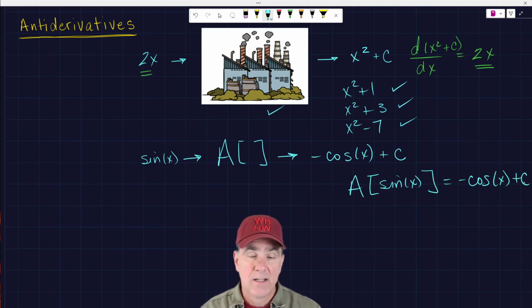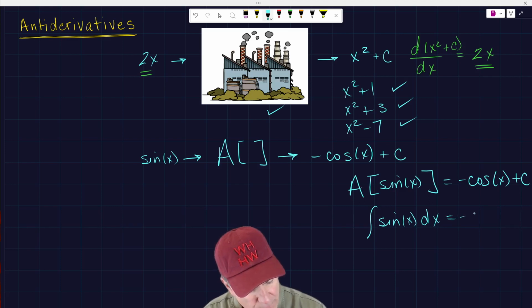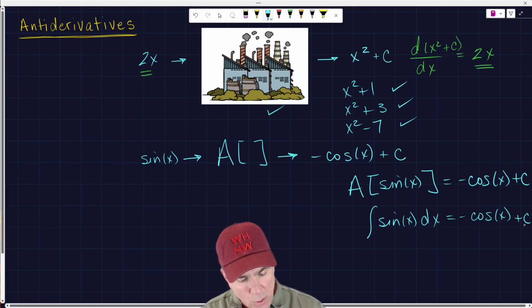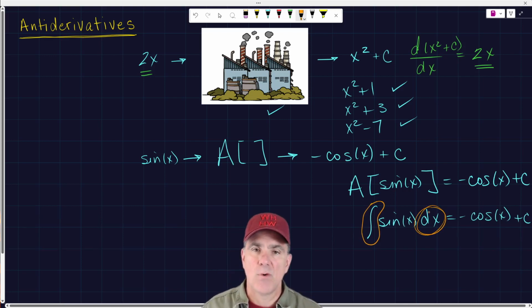We don't do that. We use the following symbol. We use the integral of sine of x dx is equal to negative cosine of x plus c. So the notation we use is the integral sign and this differential.